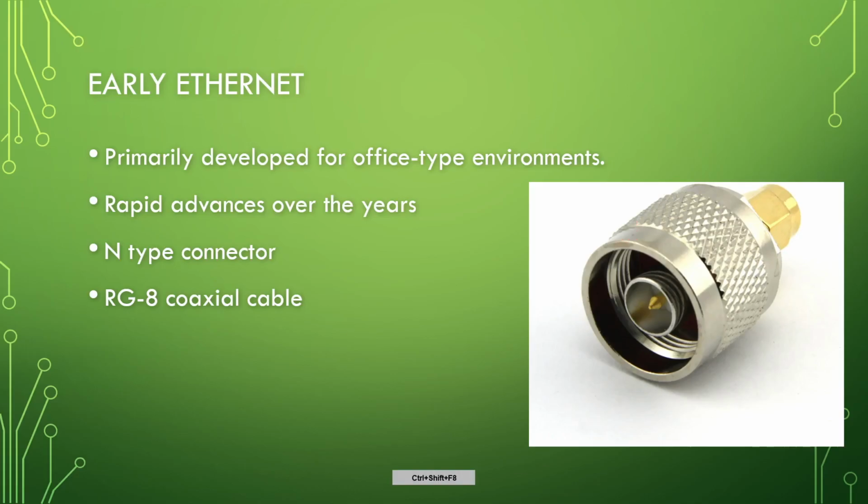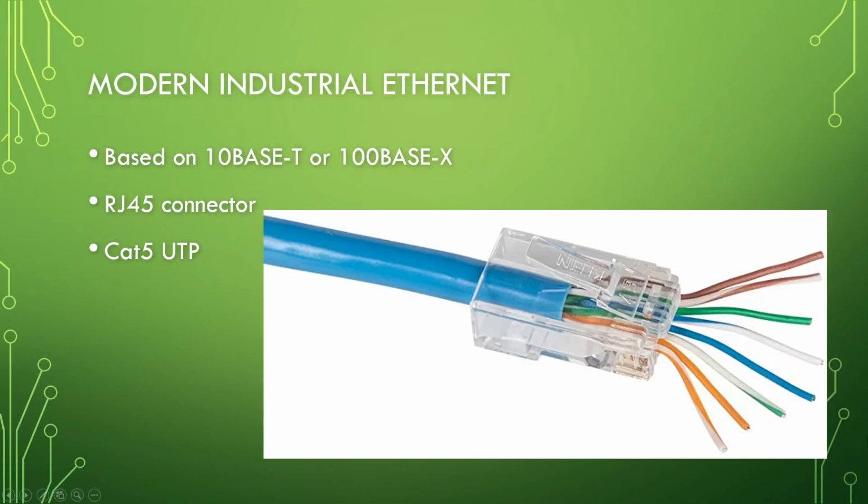Yeah. All right. So modern industrial Ethernet, based on 10BASE-T or 100BASE-X, either way. We are using the RJ45 connection, which is what you guys are seeing right there. As you guys know, this is the pass-through type, so the wires are sticking out the end.